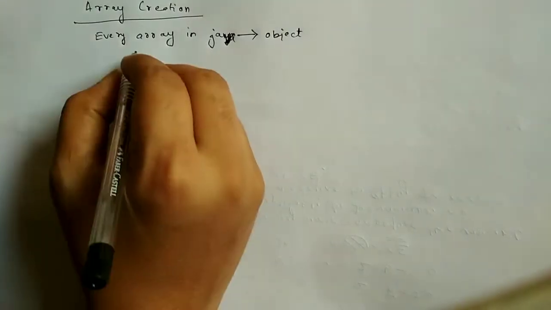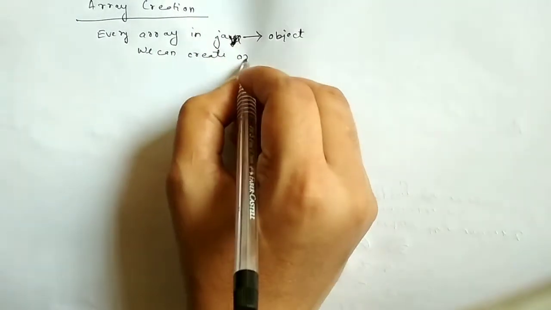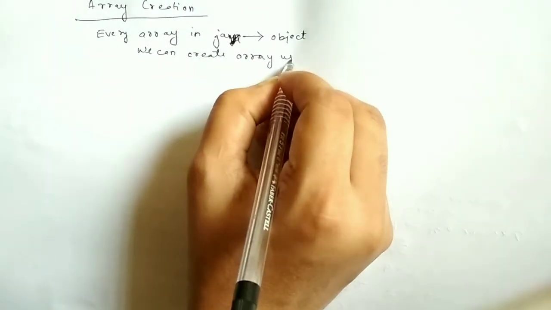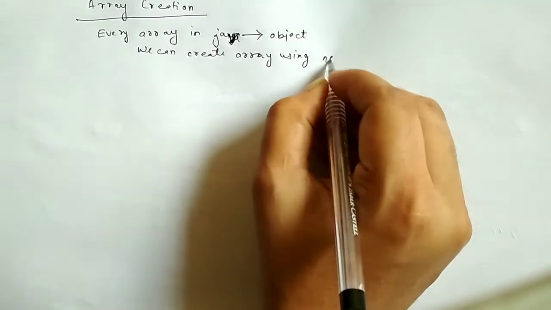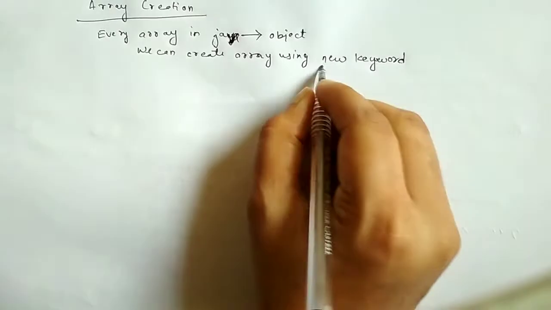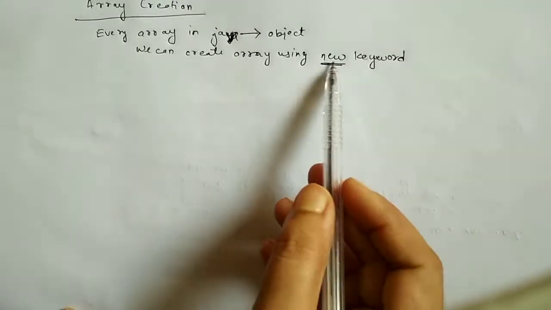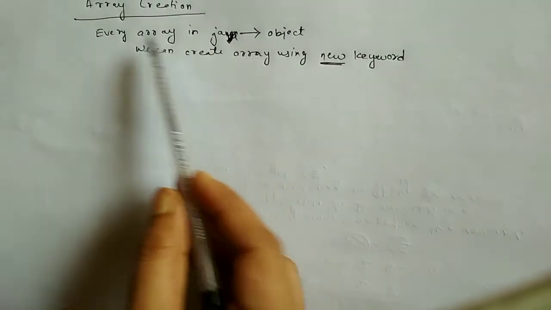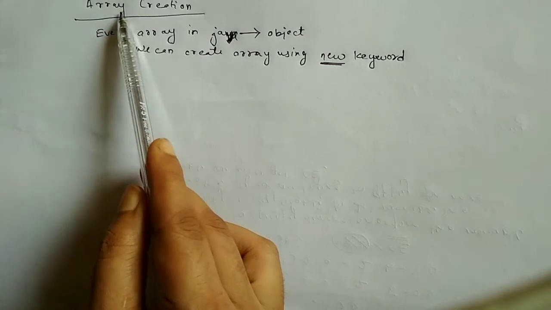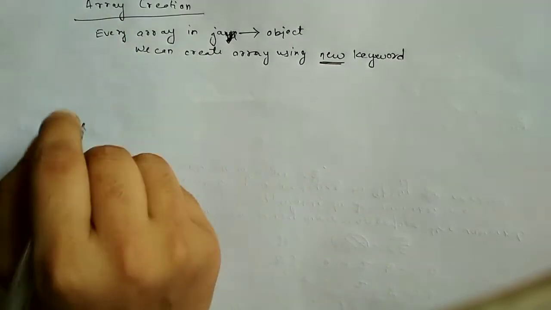We can create the array using the new keyword. Like we can create any object by using the new keyword, for the same reason, if we want to create an array object in Java, we have to use the new keyword.